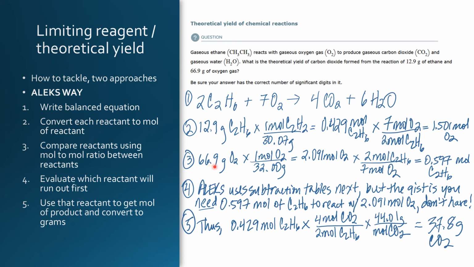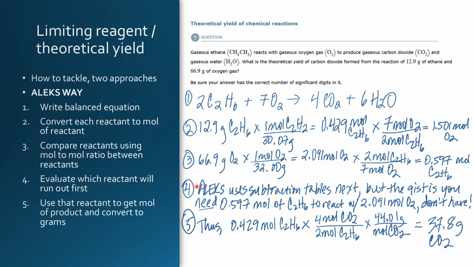We do that again for oxygen. We get moles of oxygen and say, okay, we need 2 moles of ethane to react with 7 moles of oxygen. That means we need 0.597 moles of ethane to react with this much oxygen.